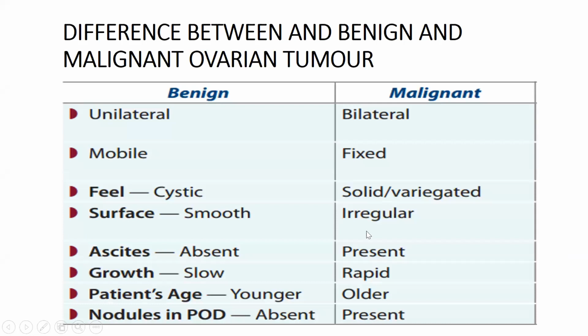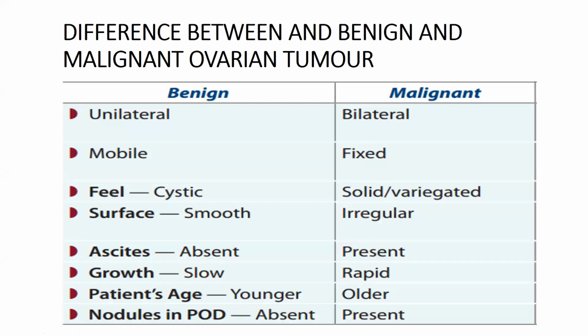Now, this is the difference between benign and malignant ovarian tumors. Benign tumors are mostly unilateral. Malignant tumors, most of the time, are bilateral. Benign tumors are mostly mobile. Malignant tumors are fixed.